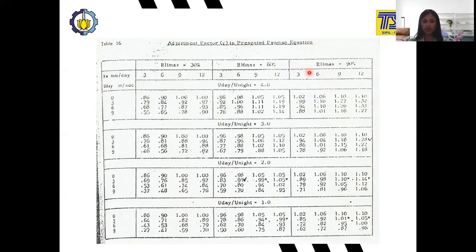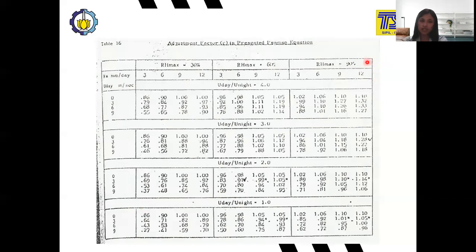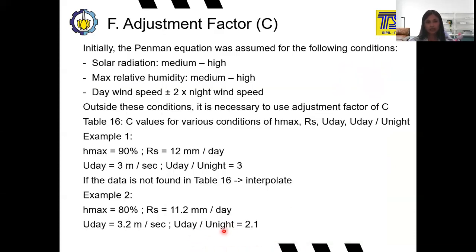Or if you want to use a simpler method, you can use the nearer one, because 80% is near to 90%. We can use this table because there will not be much difference between those two. And for example, here we can also interpolate using U-day per U-night of 3.